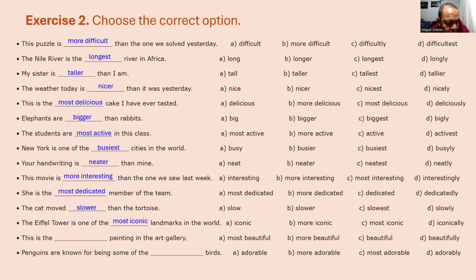The Eiffel Tower is one of the most iconic landmarks in the world. Next. This is the most beautiful painting in the art gallery. Next. Penguins are known for being some of the most adorable birds.